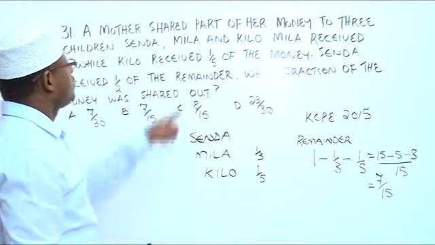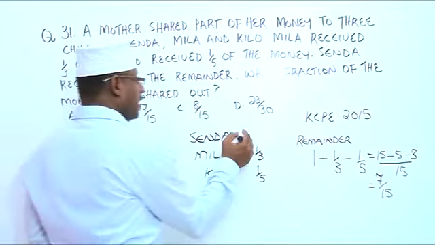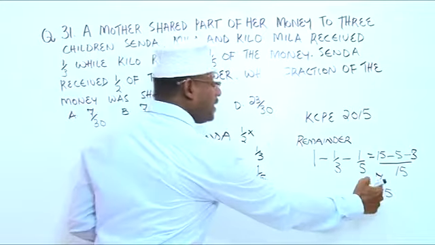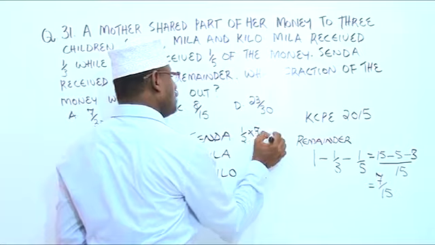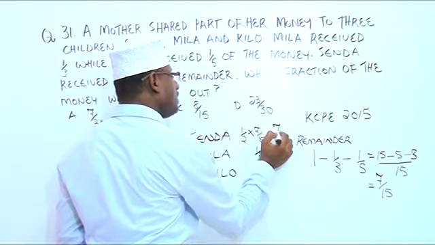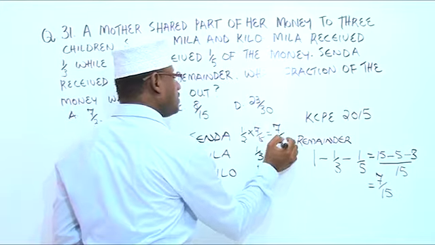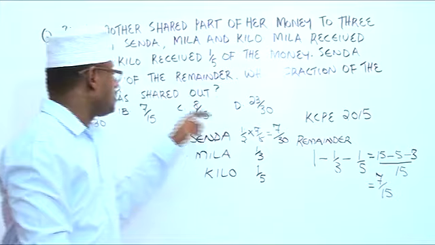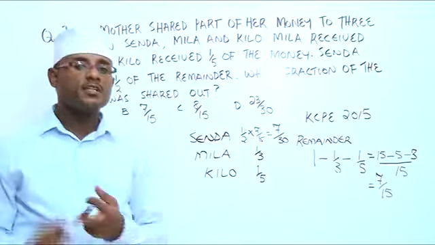Senda received a half of the remainder, meaning a half of it, a multiplication. The remainder is 7/15. So 1 times 7 is 7, and 2 times 15 is 30.